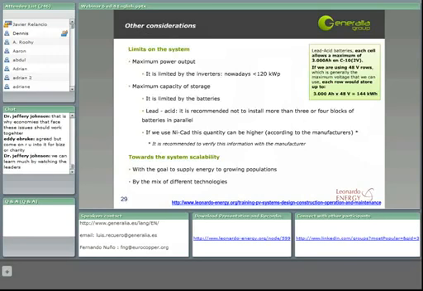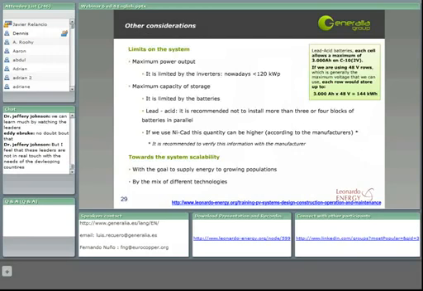So if you multiply this by 4 rows, they can store more or less 560 kilowatt hours.